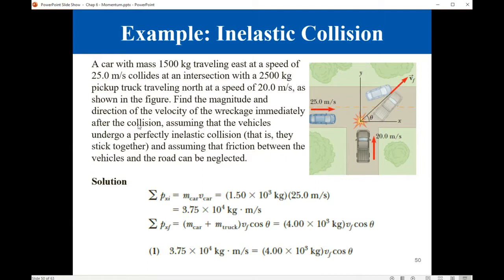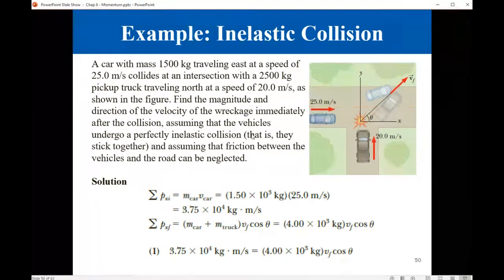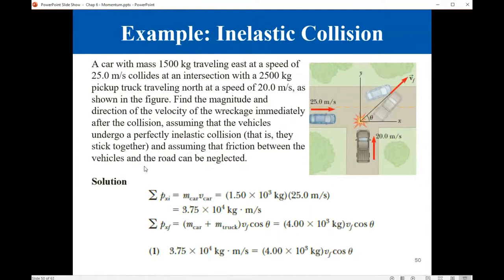Find the magnitude and direction of the velocity of the wreckage immediately after the collision, assuming that the vehicles undergo a perfectly inelastic collision. That is, they stick together, and assuming that friction between the vehicle and the road can be neglected. So now we need to conserve momentum along x and the momentum along y, since this is a two-dimensional problem.